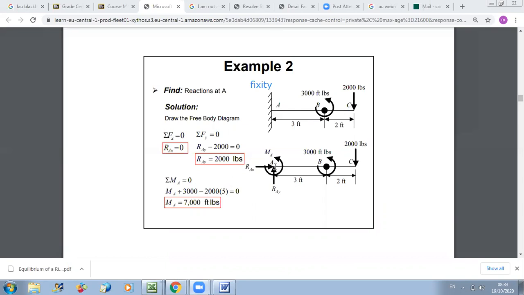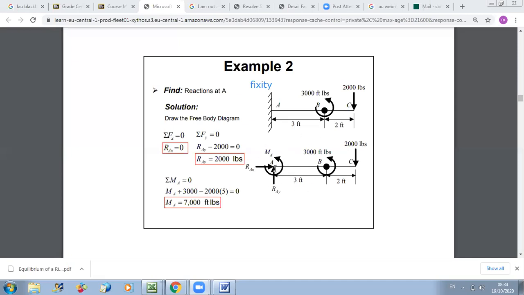Because when you choose A, you will cancel the moment of RAX and RAY, since these two forces pass by A. Okay, so now if you write sum of moment about A, what do you have? Please pay attention, the couple is a free vector.